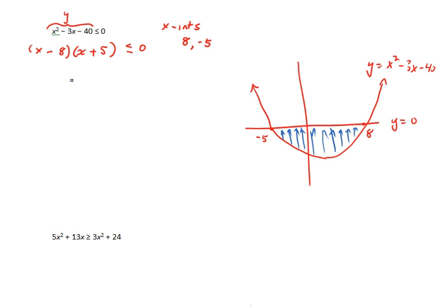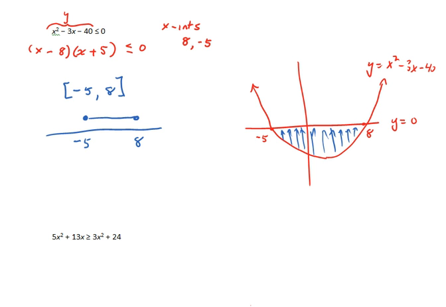And so our solution will be the closed interval from -5 to 8. And on the number line, we'll plot -5 and 8 with closed circles and join them with a line segment.